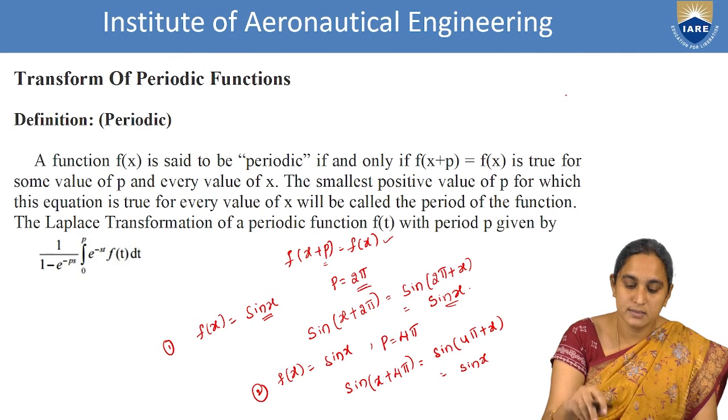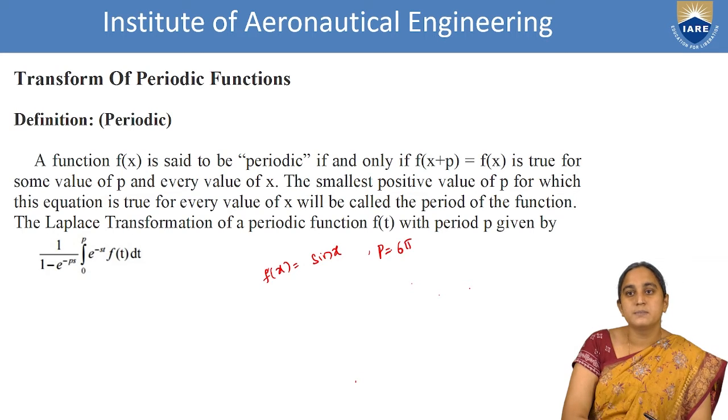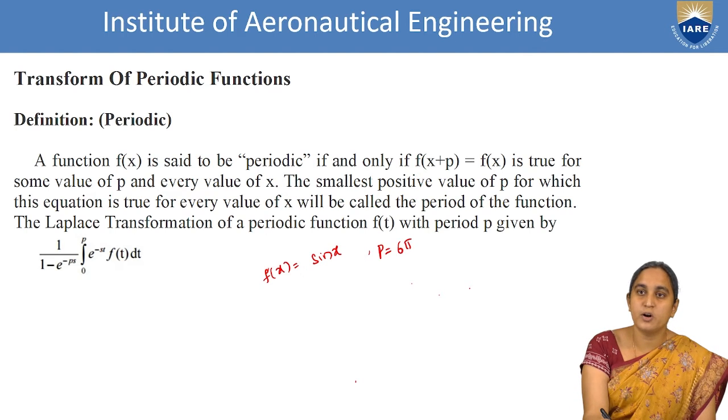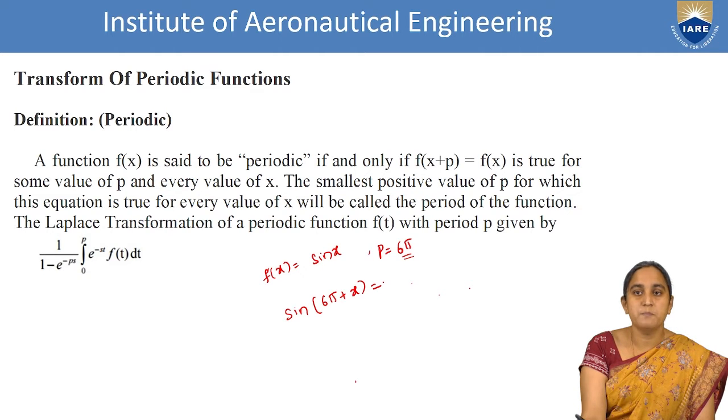Let us test one more, the third one. If I take f of x is equal to sin x again, and the period is equal to 6 pi, I'll test whether it is a periodic function at the particular value 6 pi. That is sine of 6 pi plus x.